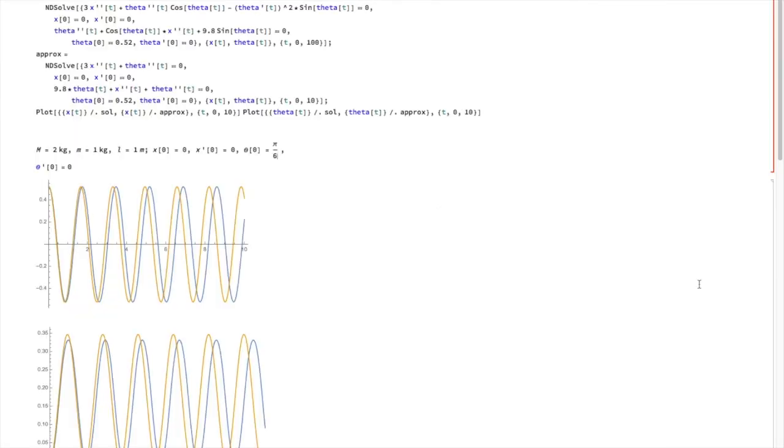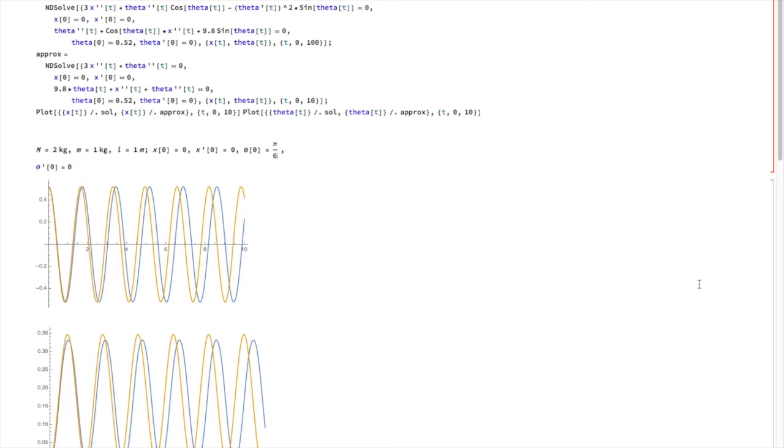We actually used Mathematica to approximate the solution for the system of differential equations, and the following two figures represent the initial conditions with theta 0 equal to pi over 6, which is 30 degrees, not so big an angle.